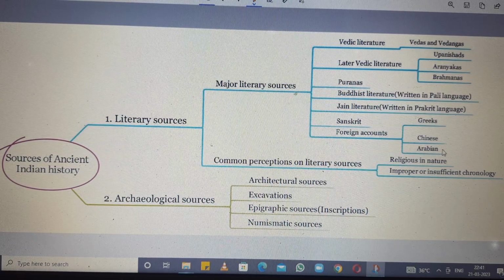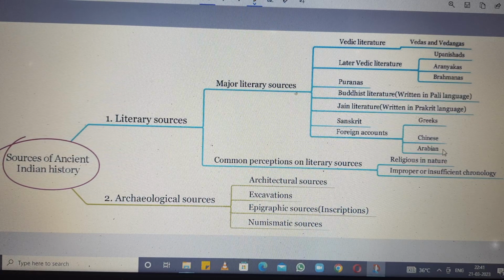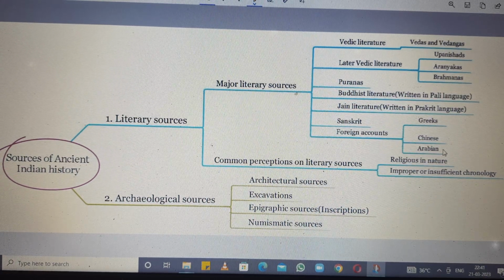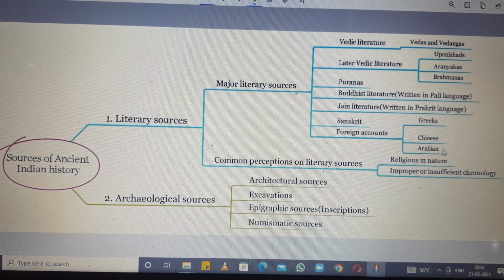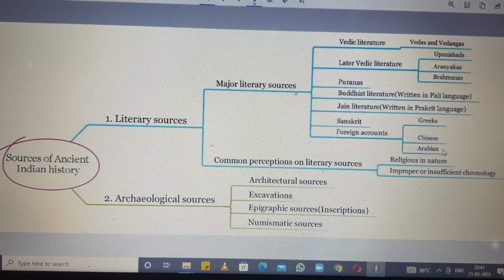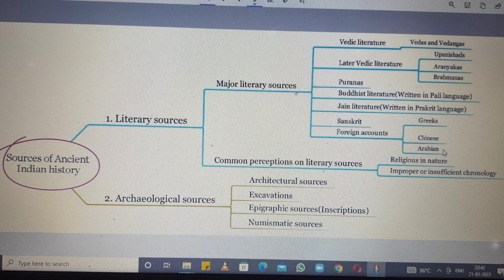So when we are learning about our ancient Indian history, these things play an important role. Once again, the Vedic literature includes the Vedas and the Vedangas, meaning those who have written the Vedas and the Vedas themselves. Upanishad means one person who has some knowledge throughout life, experiences certain things, and finally writes the crux of his life; that will be an Upanishad. Aranyaka comes from aranya, meaning the forest or jungle, so those things related to the jungle are known as the Aranyakas.